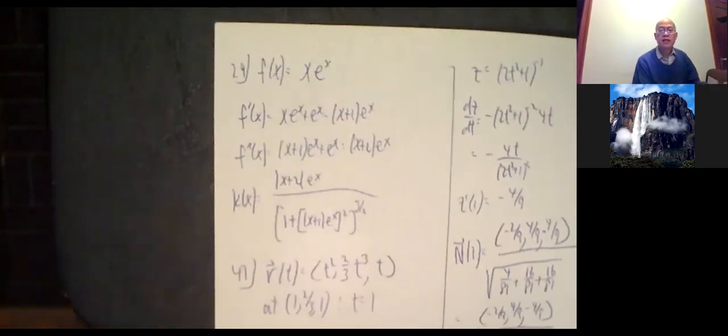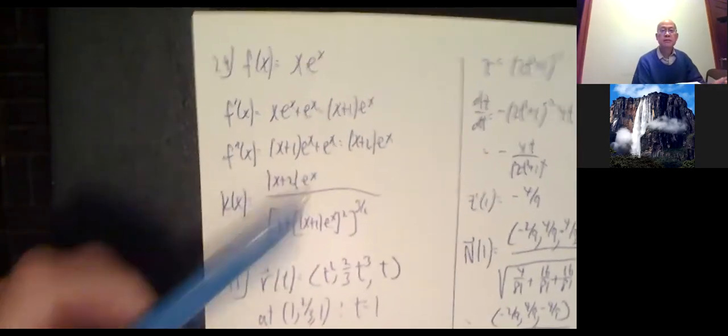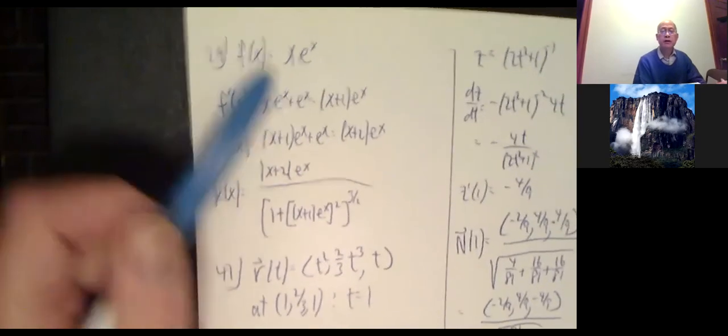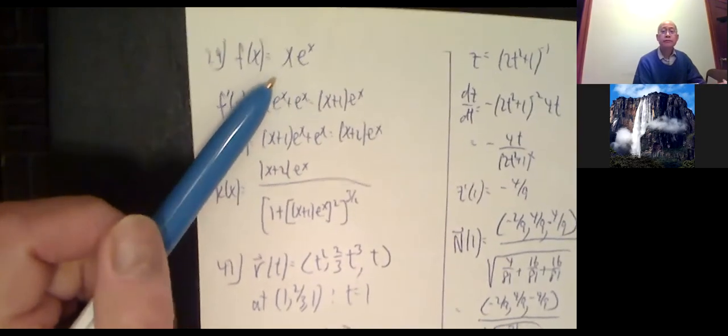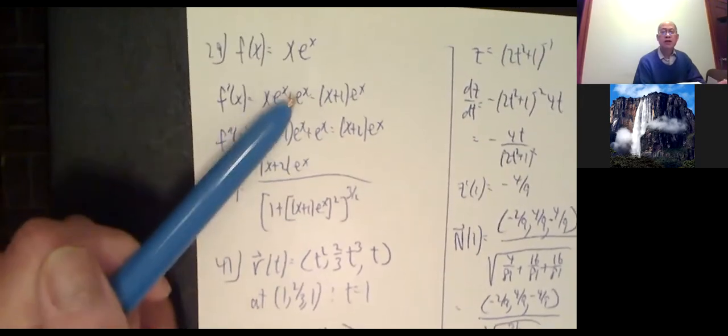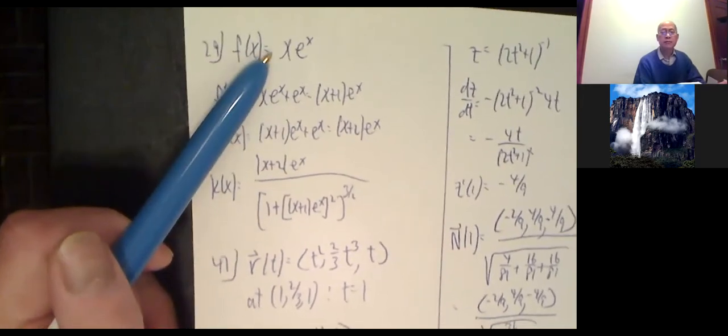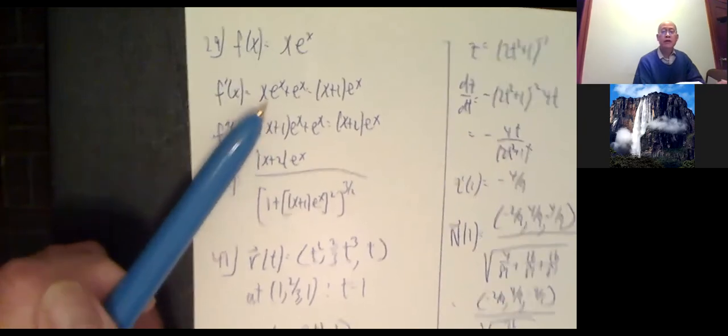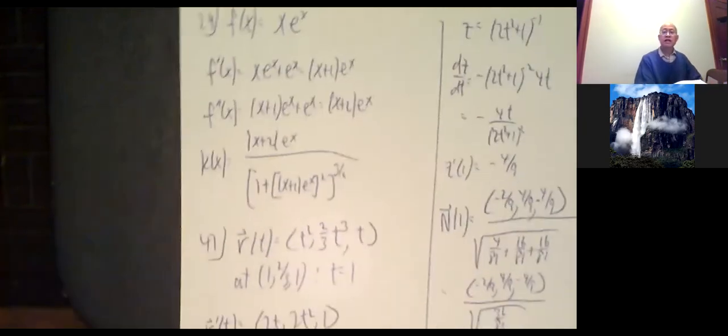So 29. The function was x e to the x. Okay, so first derivative, product rule. First times derivative of the second, x e to the x, plus second function e to the x times derivative of the first, which is 1. Factor out the e to the x: x plus 1 e to the x.